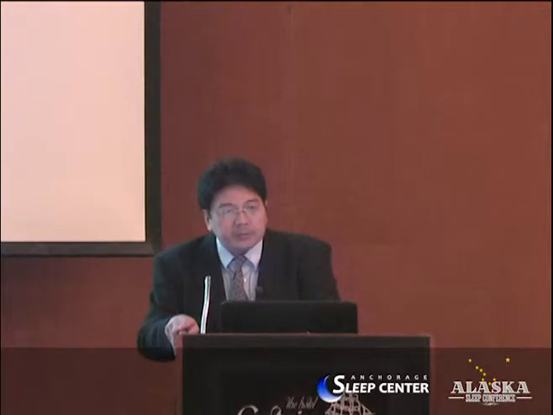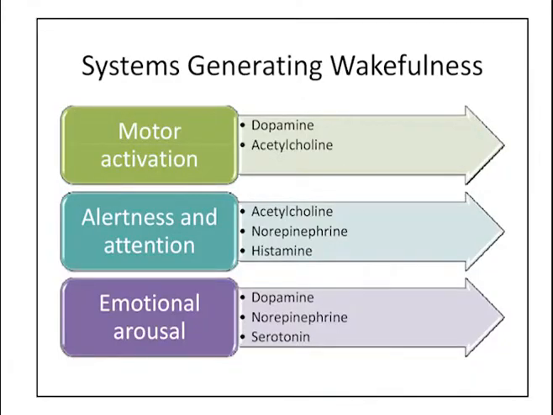Secondly, these transmitters, although all of them generate wakefulness to a certain degree, have different effects on wakefulness. For example, motor activation during wakefulness is probably more in the area of dopamine and acetylcholine. Again, don't memorize this, I just want to explain to you some of the concepts.